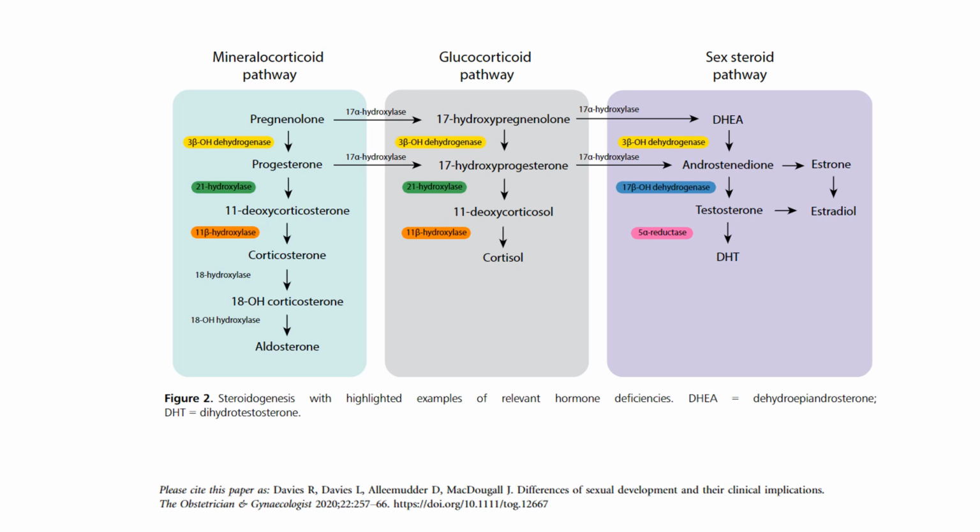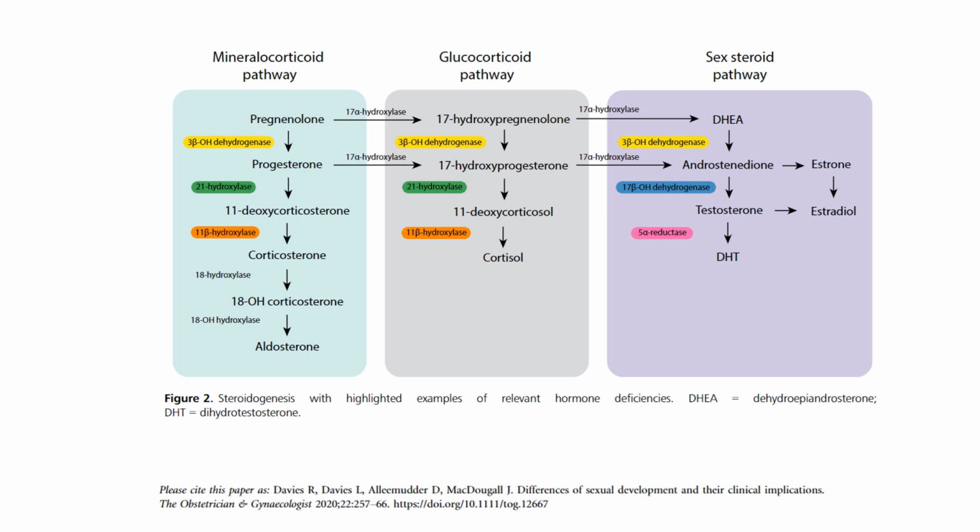Right, so this is quite a useful slide as well because it tells you exactly why you need the different conversion pathways in order for certain active compounds to be produced, and how a defect in one of these pathways can mean that there'll be a problem with metabolism of that particular steroid.